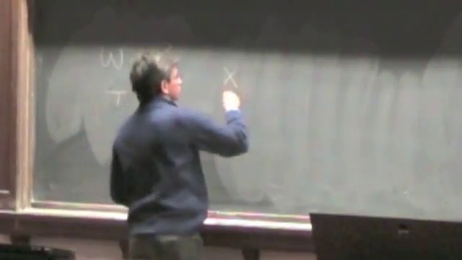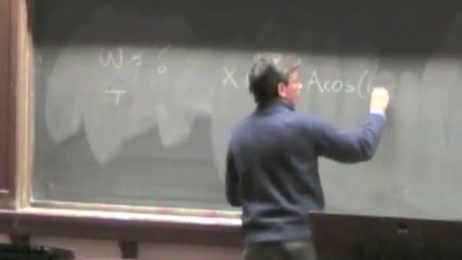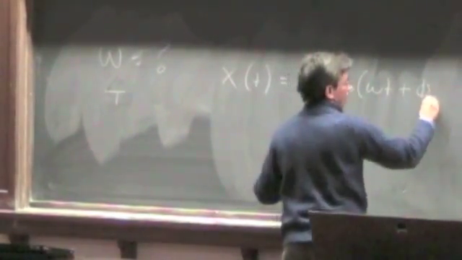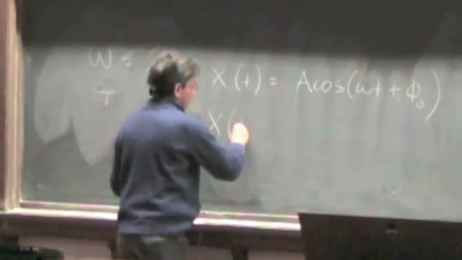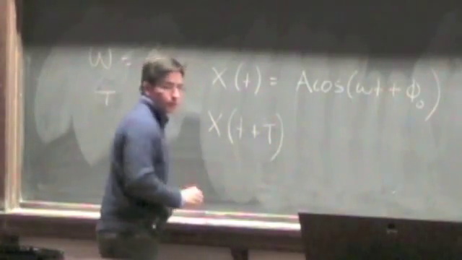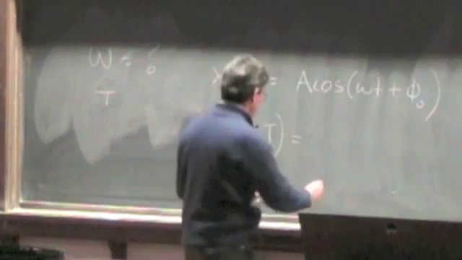So we said that the position is described by this. I know that after some time, which is the period, the particle is going to be exactly in the same place.